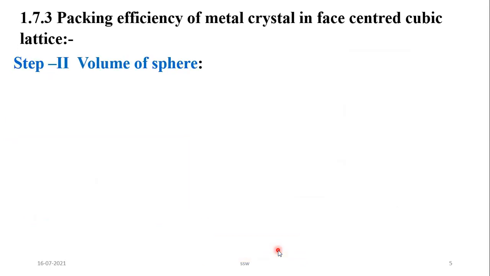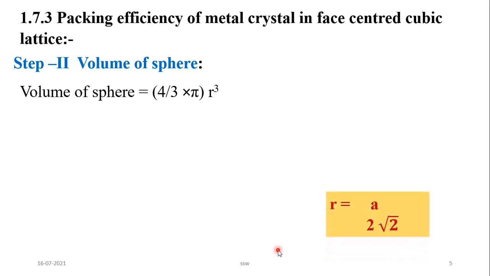Now, the second step is the volume of the sphere. We have to calculate the volume of a single sphere. So, the volume of a sphere is equal to 4 by 3 pi r cube. But here r is equal to how much? r is equal to a divided by 2 root 2.